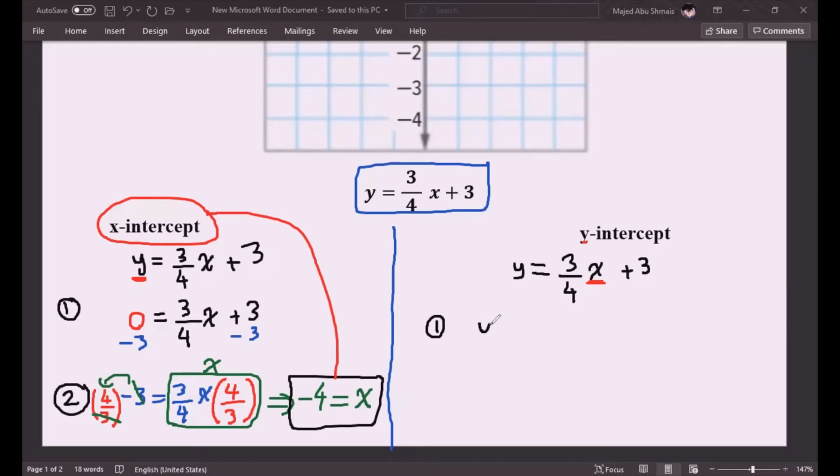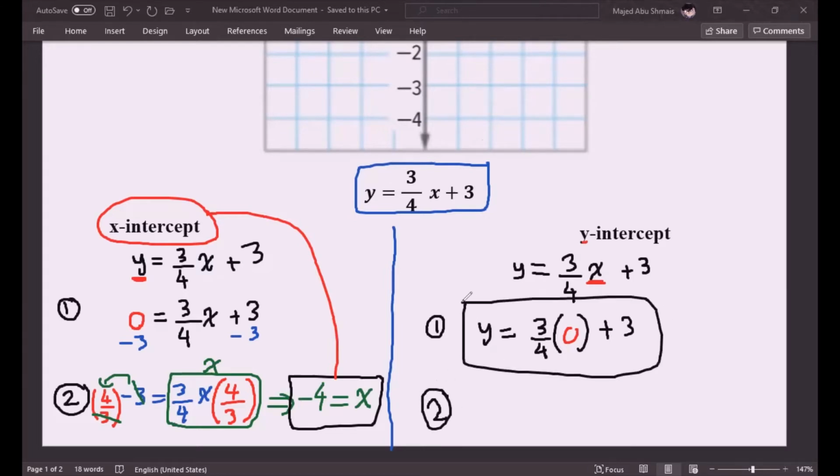So we have y equals 3 over 4 multiplied by... what is the value for x now? We substitute it as 0. Okay, that's the first step: substitute 0 instead of writing x, and plus 3, of course. And the second step is to solve this equation.